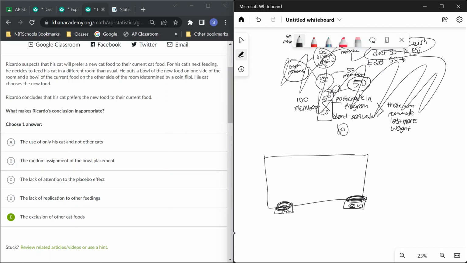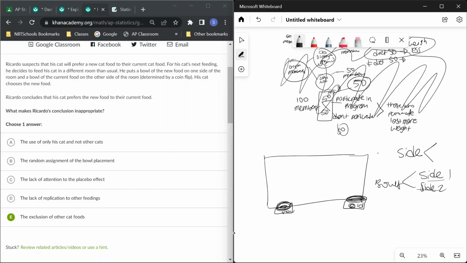Bowl of the new food on one side, and he randomly assigns the side of the room. He assigns the bowls to one side. That doesn't make sense. What?